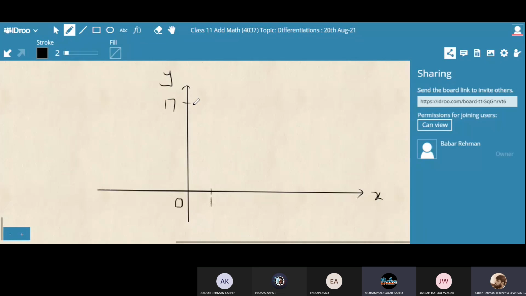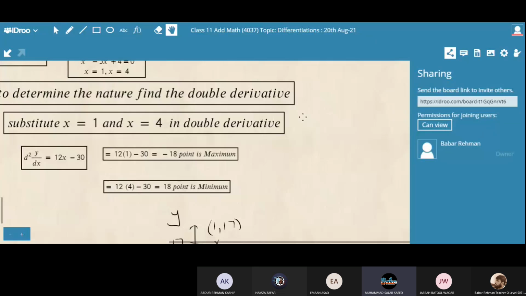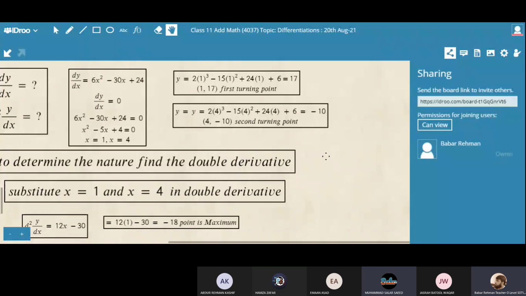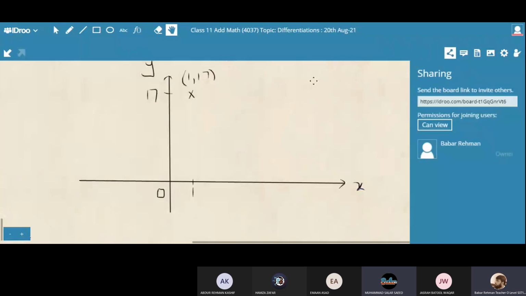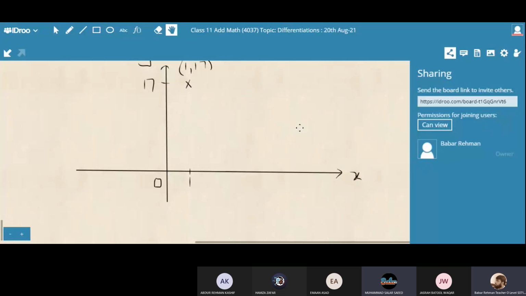So where is the first coordinate? 1, 17, turning point. And what is the second point? 4, minus 10. For example, this is 4 and this is minus 10.